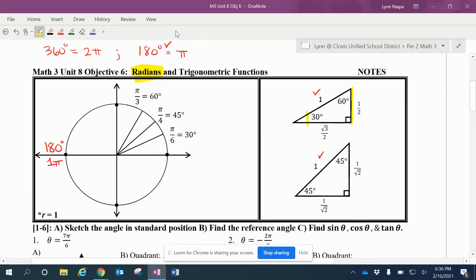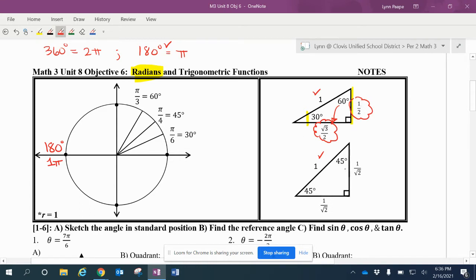That shorter distance is 1/2, so 1/2 is a smaller value, and that is on the shortest leg. Across from the 60 degrees is the longer leg, and so root 3 over 2 would be longer, because the square root of 3 is bigger than the square root of 1.